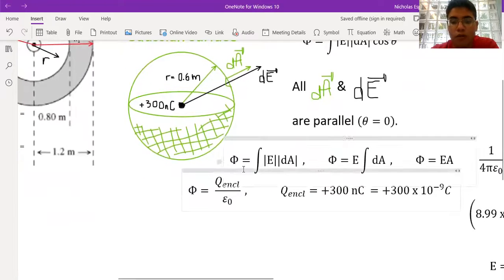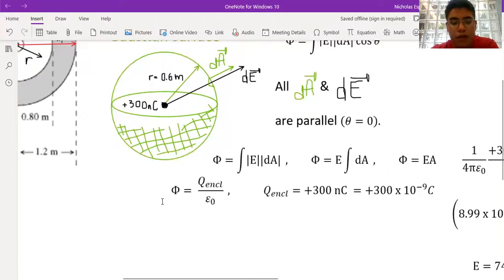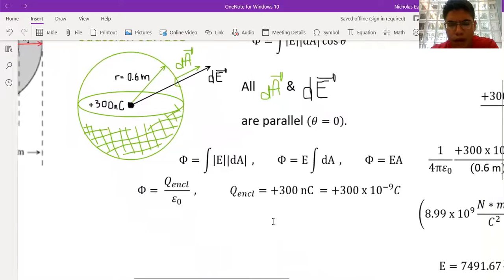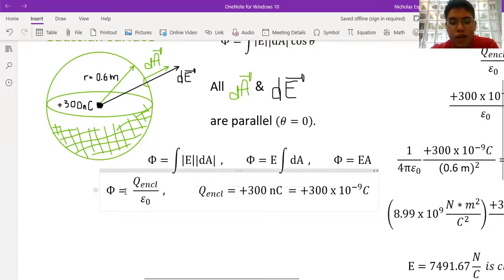So when we compute this integral, we find that the flux is equal to the electrical field times the area. And we also find later, throughout class, that the flux of a Gaussian surface is the enclosed charge in that surface divided by epsilon naught. So we have two equations for the flux: one, electrical field times area, and the other, the enclosed charge divided by epsilon naught.